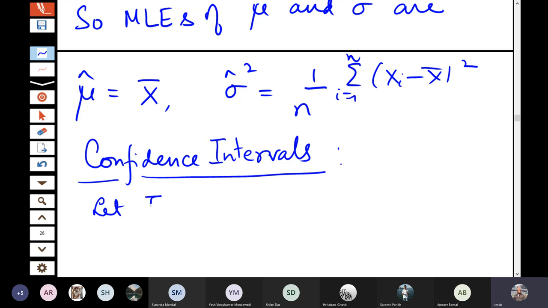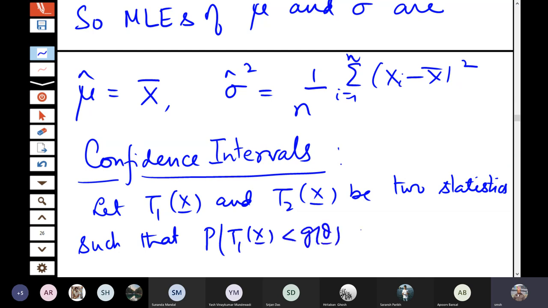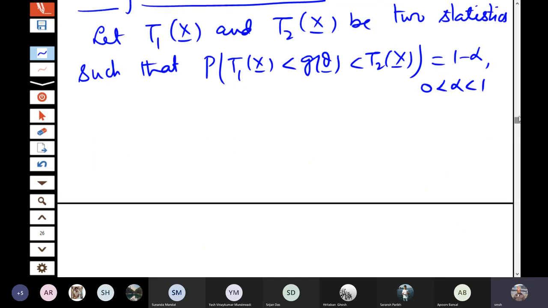Let T1(x) and T2(x) be two statistics such that the probability of T1(x) less than g(theta) less than T2(x) is equal to 1 minus alpha, where alpha is some number between 0 and 1.